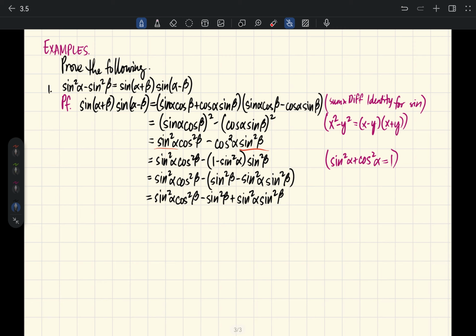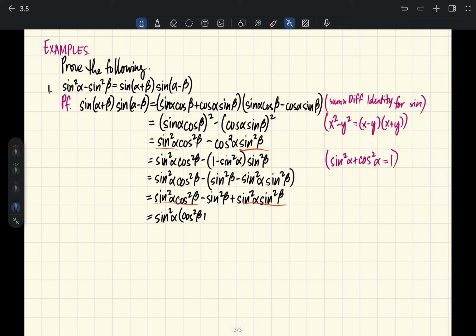And what do we notice here? What we notice right here is that these two terms have a common factor, which is sine squared alpha. So maybe we can combine these two and write it as sine squared alpha times, so what's left in the first term is cosine squared beta, and for this second term, what's left is a plus sine squared beta.